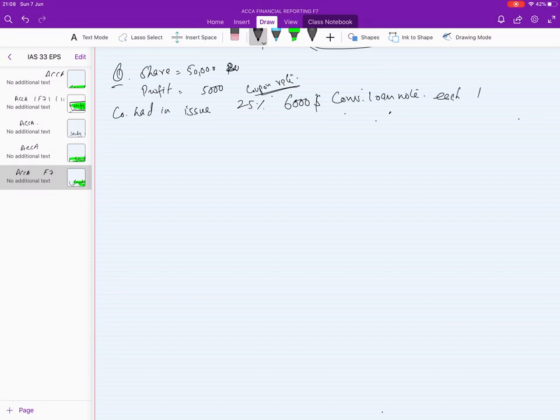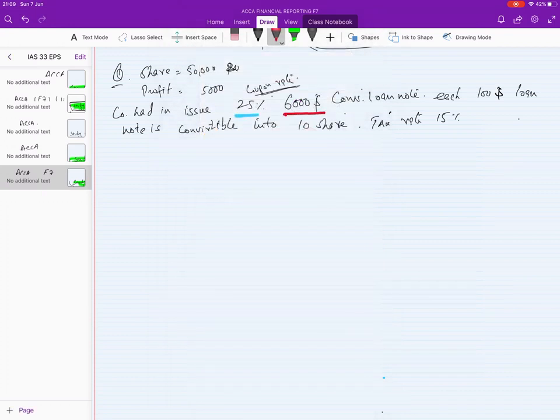Each $100 loan note is convertible into, suppose, 10 shares. The tax rate is 15%. So see, 25% is your interest rate.